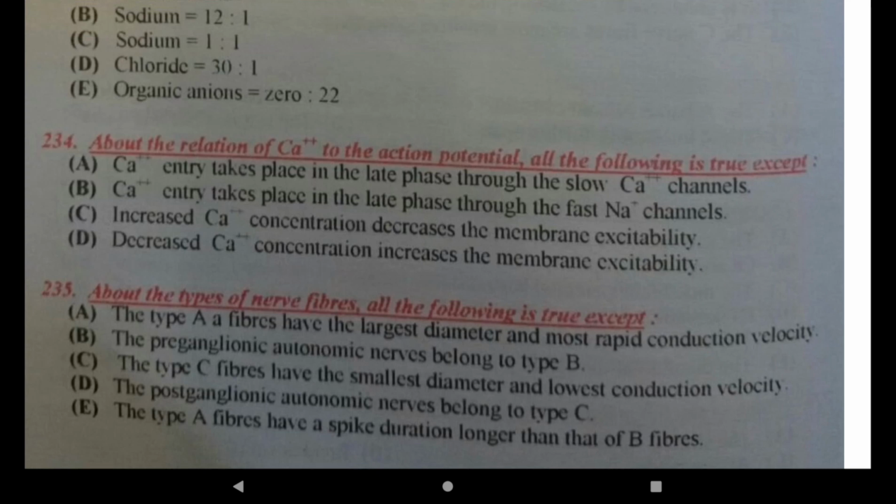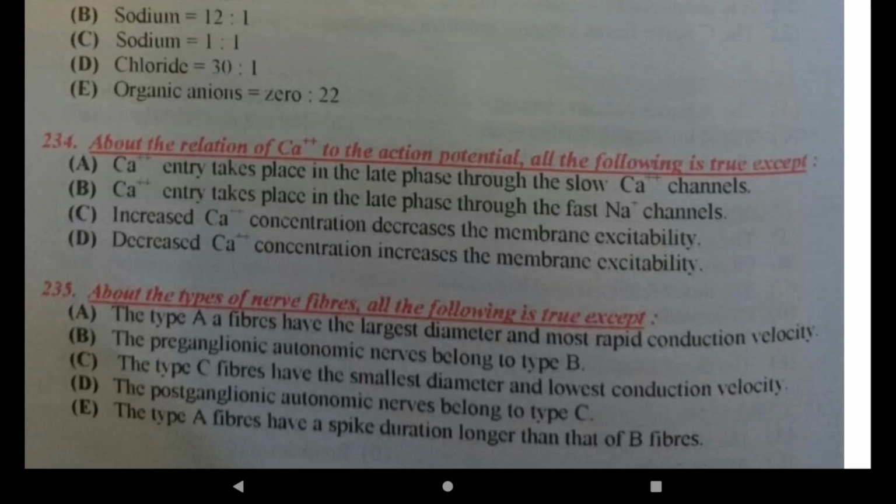So the incorrect statement here is B. To be specific, increased calcium ion concentration in the ECF is the one that reduces membrane excitability, and decreased calcium concentration increases membrane excitability.